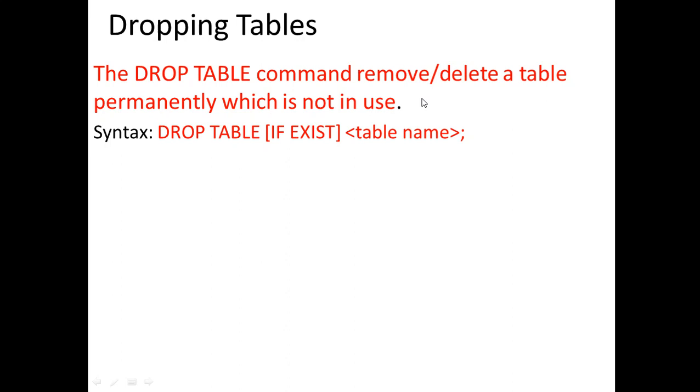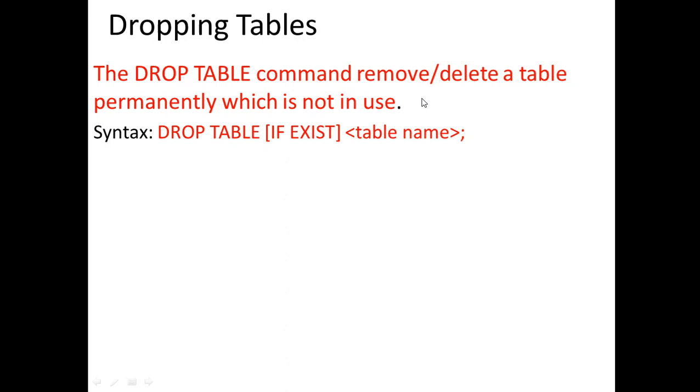Removing the table means whatever storage was provided for the table will be removed, because whenever you create a table it is stored on your hard disk. So when you remove the table, whatever storage was taken by the table will also get released.